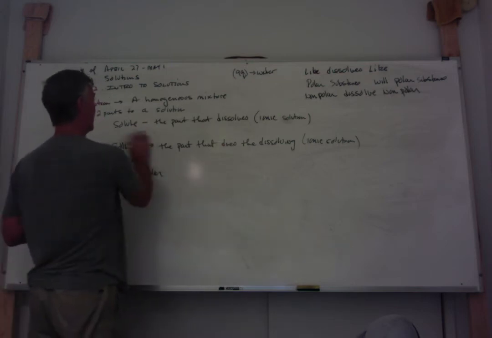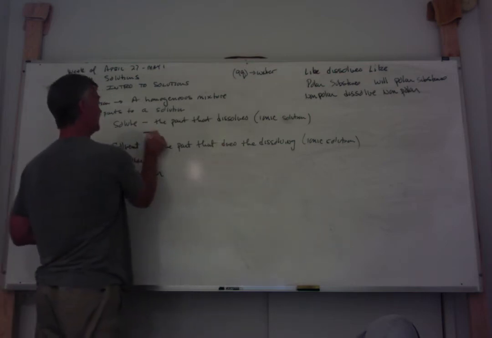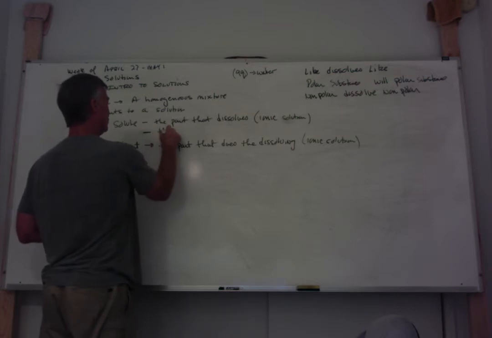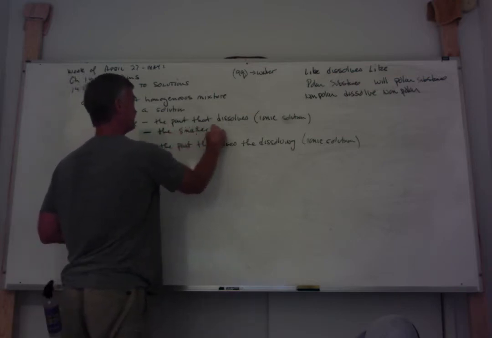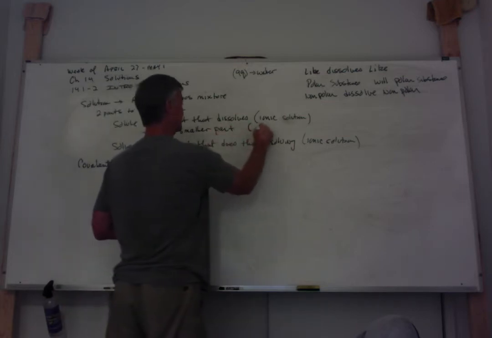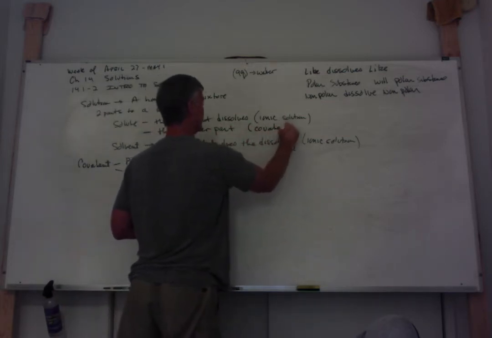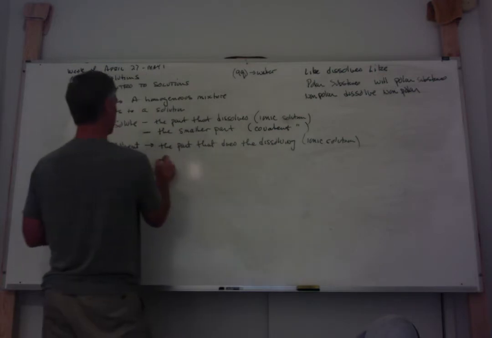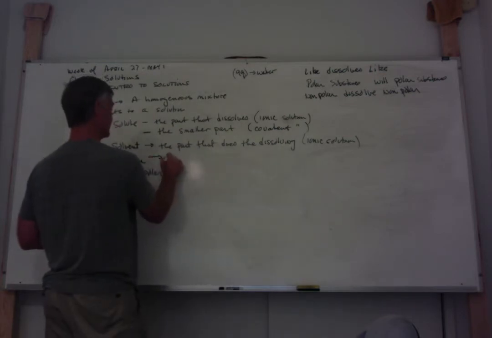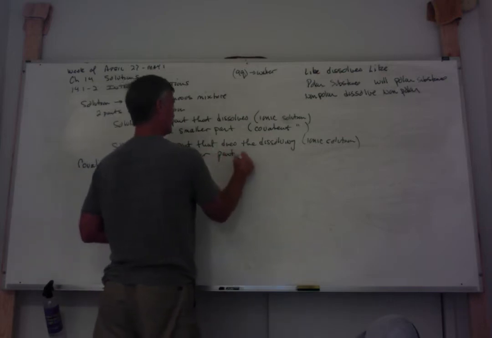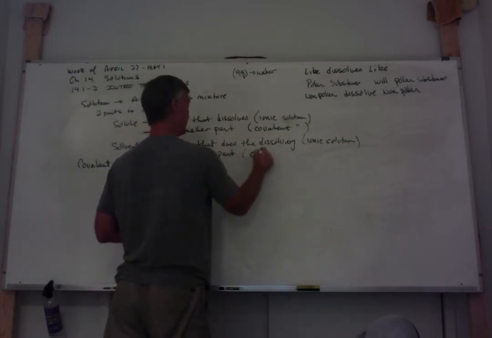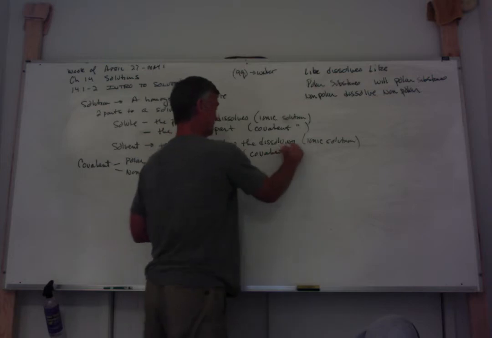So here is the other definition. We say that the solute is the smaller part if this is a covalent solution. And the solvent is the larger part for a covalent solution.